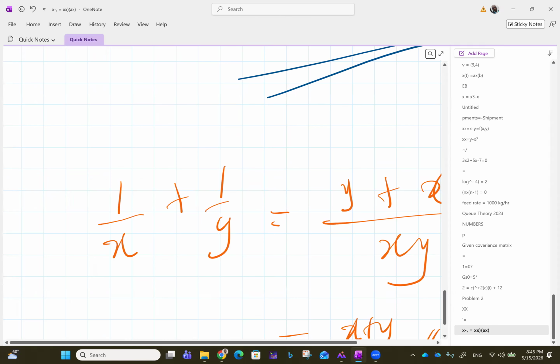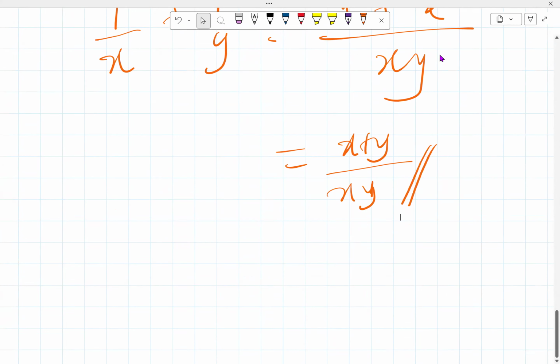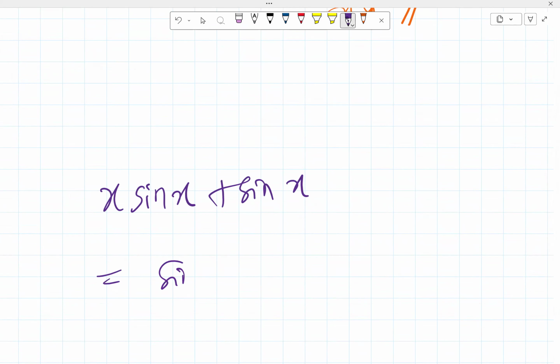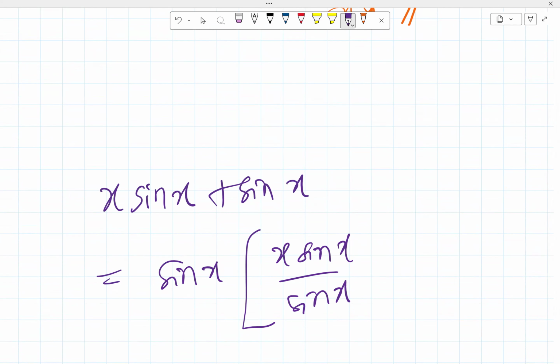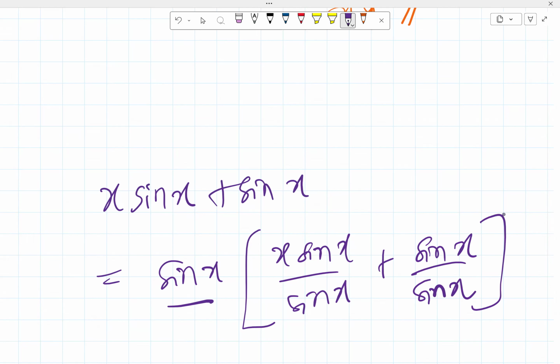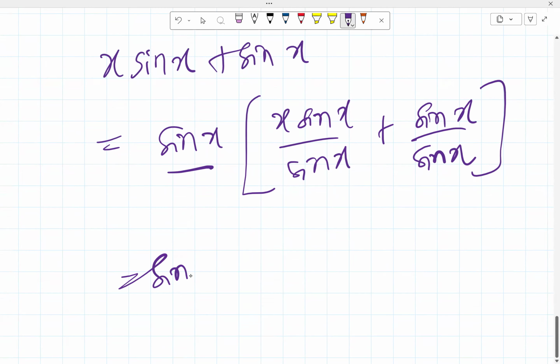So see why that is the case here. So you have x sine x plus sine x. Definitely, sine x is common. So you have sine x into x plus 1. So it's more like you have sine x is common, first of all, right? And you have x sine x divided by sine x, this sine x we brought out here, plus sine x divided by sine x again, so that you then have sine x.